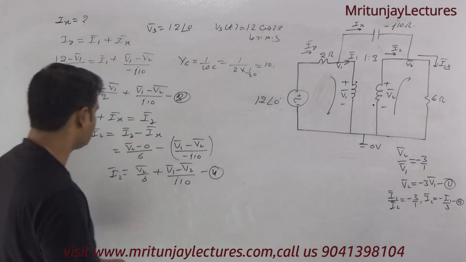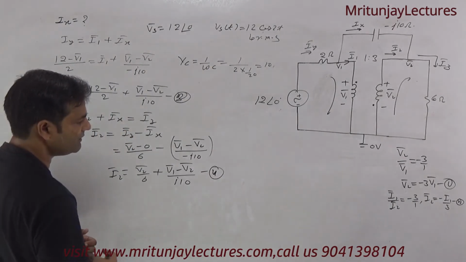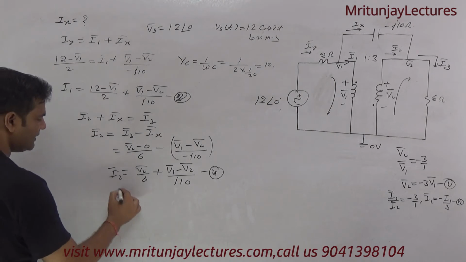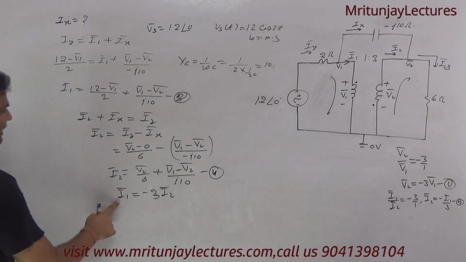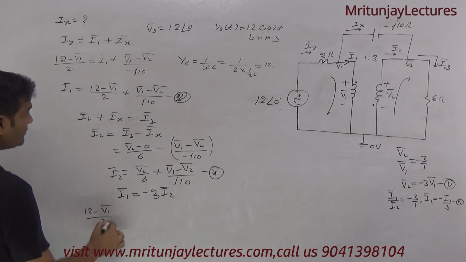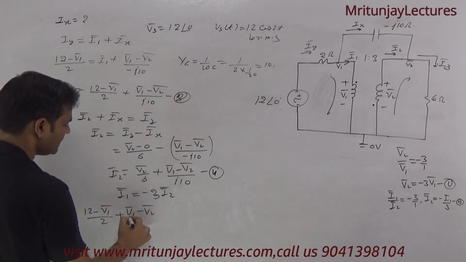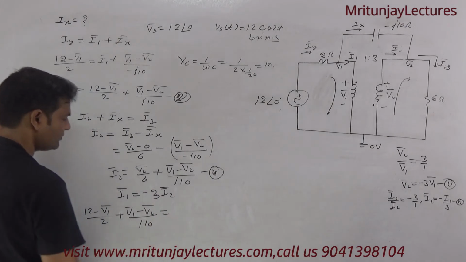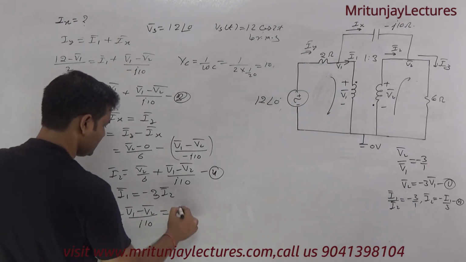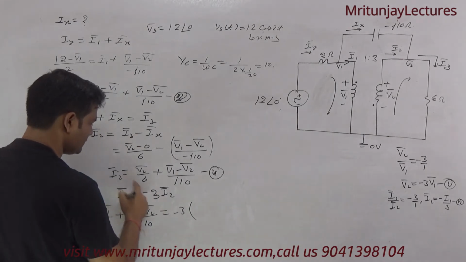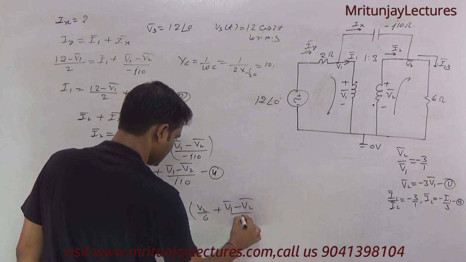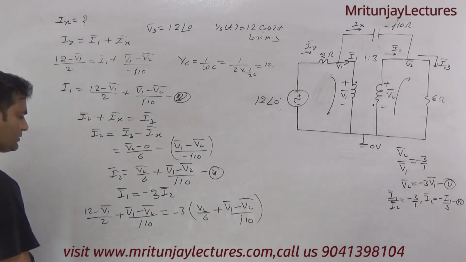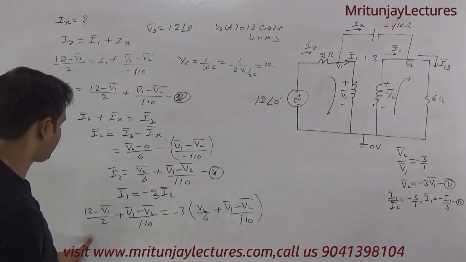What is the relation between I1 and I2? I1 is equal to minus 3 times I2. So I1, which is 12 minus V1 divided by 2 plus V1 minus V2 divided by j10, is equal to minus 3 times I2, which is V2 by 6 plus V1 minus V2 divided by j10. Everything is clear.